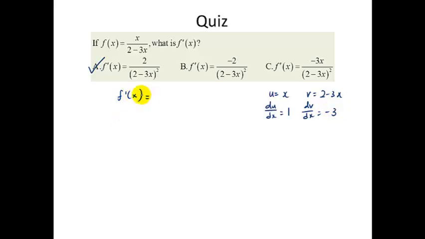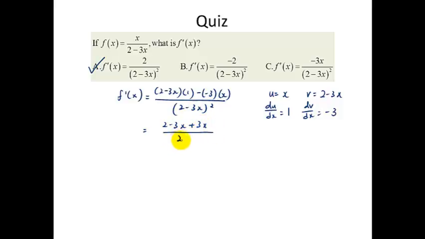Coming back here, use the quotient rule. v times du/dx minus u times dv/dx over v squared. Tidy up a little bit, and you get the answer, which is A.